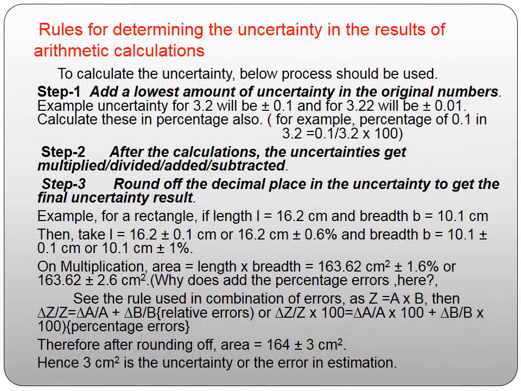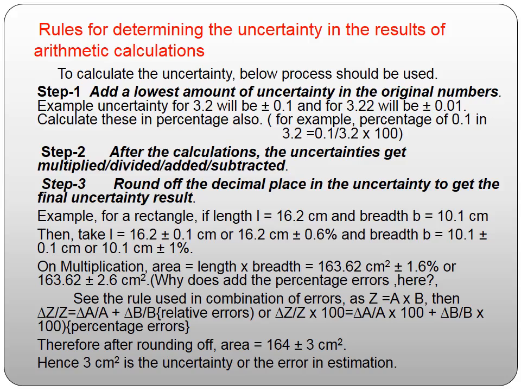Next topic is rules for determining the uncertainty in the results of arithmetic calculations. To calculate the uncertainty, the below process should be used. Step 1. Add the lowest amount of uncertainty in the original numbers. For example, the uncertainty for the number 3.2 will be plus or minus 0.1, and for 3.22 it will be plus or minus 0.01.